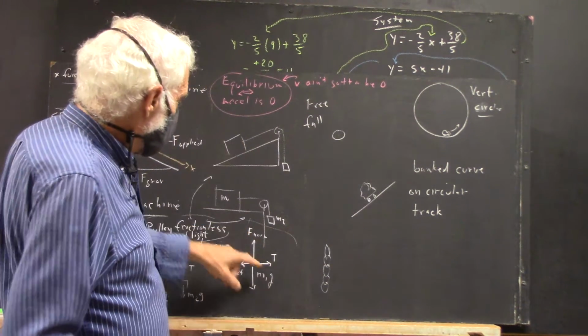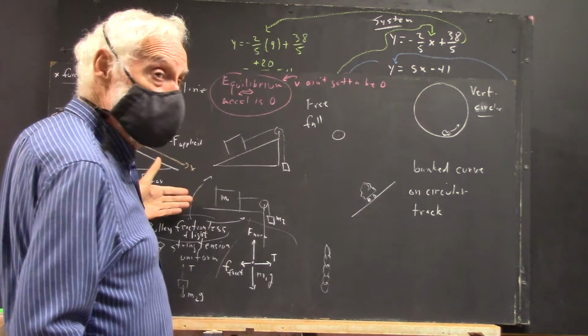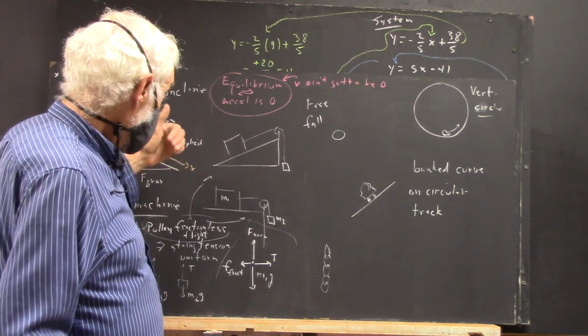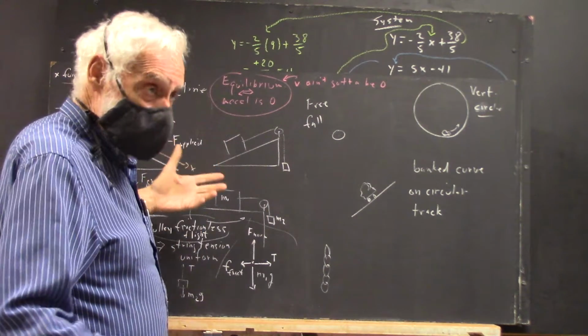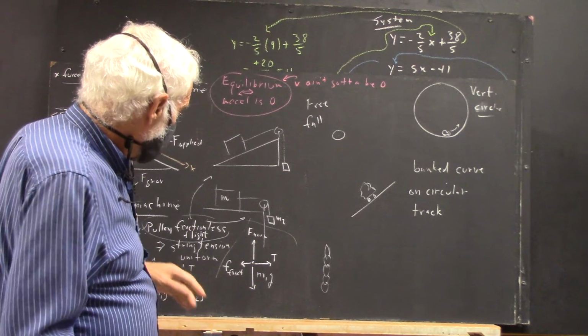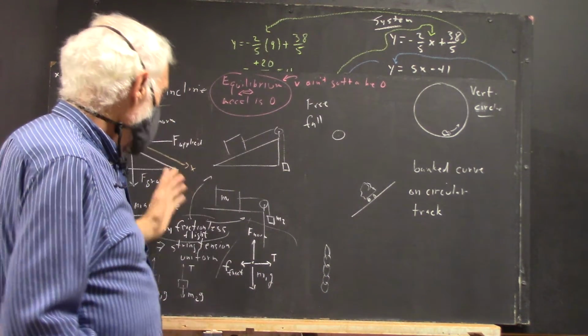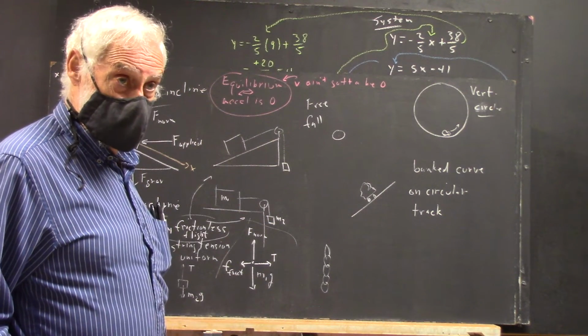But because of the tension force, eventually things are going to come to rest. Then it'll either stay at rest depending on the coefficient of friction, and that's something you worry about a little bit later, and you'll encounter it. Or it's going to turn around and start accelerating back this way. Okay?